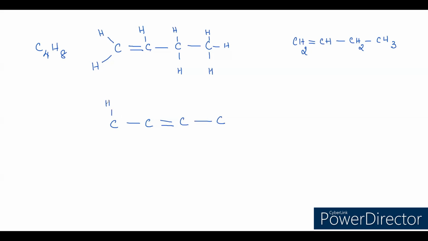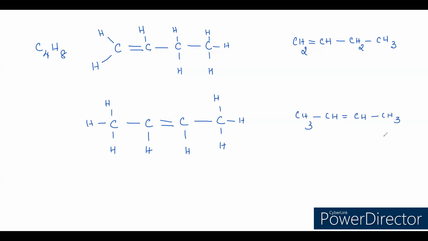I should be writing three hydrogens here because of the single bond. Here, only one hydrogen, here one hydrogen, and here again three hydrogens. So, CH3, single bond CH, double bond CH, CH3.